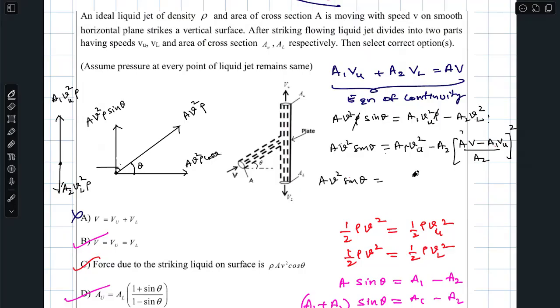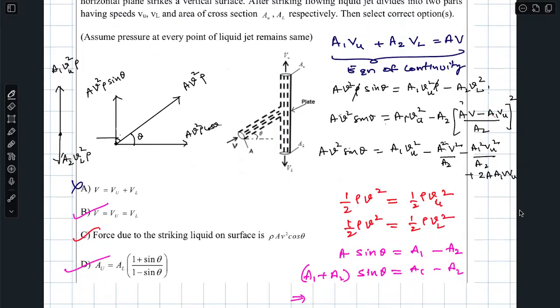A V square sin theta is equal to A1 V upper square minus, below comes A2. We need to square this, I think. A squared V squared by A2 minus A1 squared V upper square by A2 plus 2 A1 V upper by... With this you will find V upper square. Similarly, you will get V lower square.